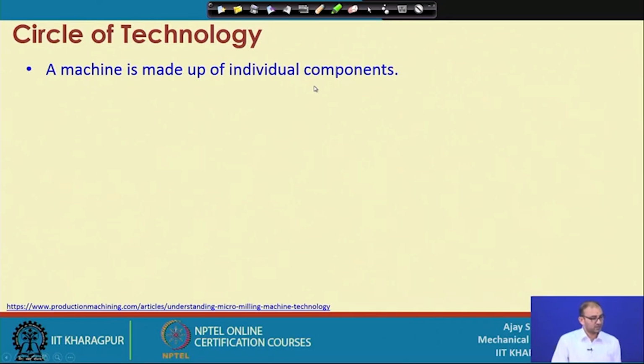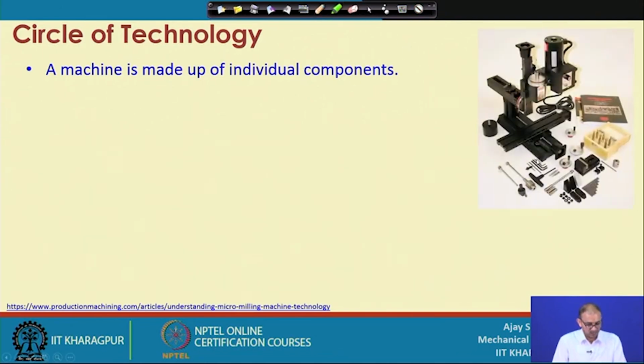Now, what is the circle of technology? A machine is made up of individual components. If you know that a machine consists of many different components, it starts, and the contacting point is the workpiece and tool contact point, that is called the interface point. But if you continue, then the workpiece is connected with the workpiece holding device, that is the fixture, which is connected with the X and Y table, and then if you continue in this direction, you get different components here.